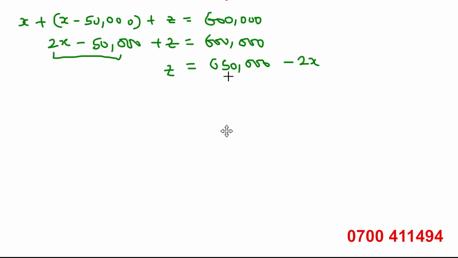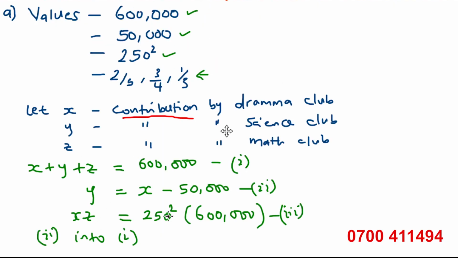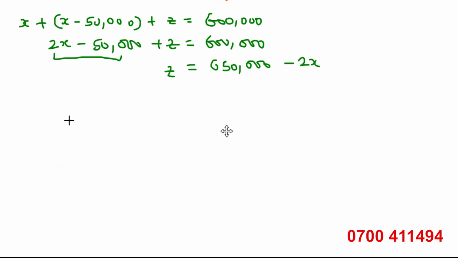Okay, now this expression I'm going to substitute in the third equation. Remember it is an expression in x, so I'll get z, put it here, and then I'll have one equation in one unknown, and I can solve that to help me get the other values.